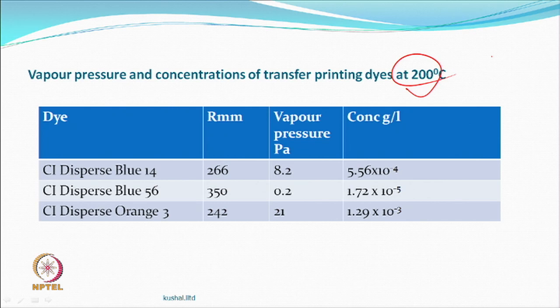So, what do we see? We see that there is a disperse blue with 266 as a molecular weight. At this temperature, it has some vapor pressure, and based on whatever we have, the concentration of this is somewhere around 10 raised to minus 4. Remember, we were talking about concentrations of grams per liter and so on.